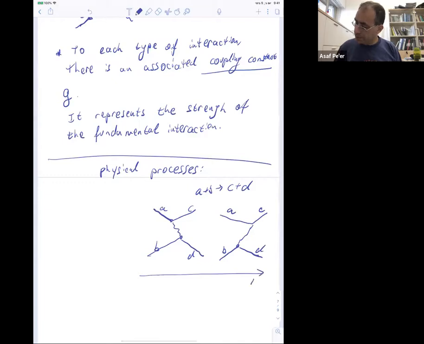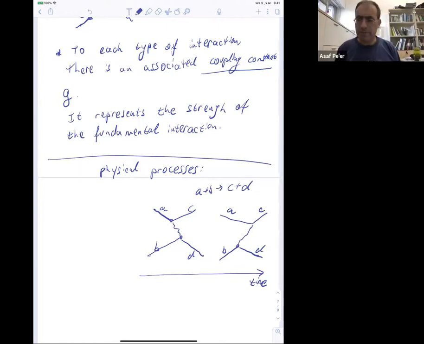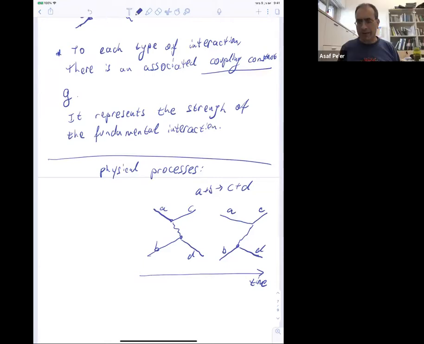Right, so this is time. What about A becoming D and B becoming C? A becoming D, yeah, that can happen as well, but that depends on the particles. I'll touch on that in 10 minutes. If it's identical particles, then yes, we can have that.